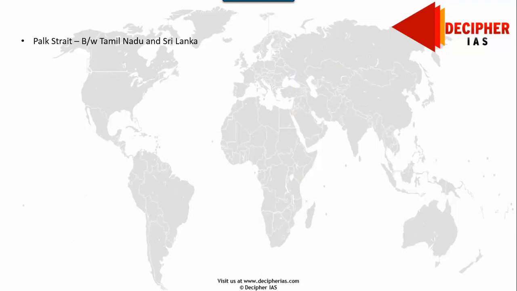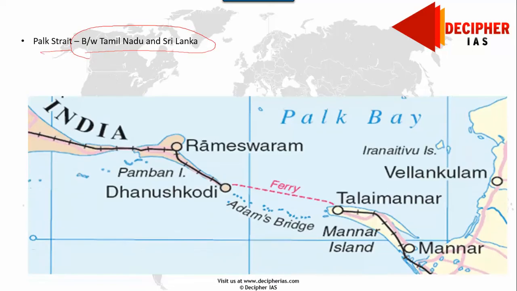Now, talking about our neighbor Sri Lanka, Palk Strait is the strait which separates Tamil Nadu and Sri Lanka. If we see this map closely, there are certain points which one should remember. Why? This area was pretty much in the news due to the Sethusamudram project. Reason being, today if an Indian ship needs to go to the Bay of Bengal, it has to go all the way around Sri Lanka, which takes a lot of fuel and time.